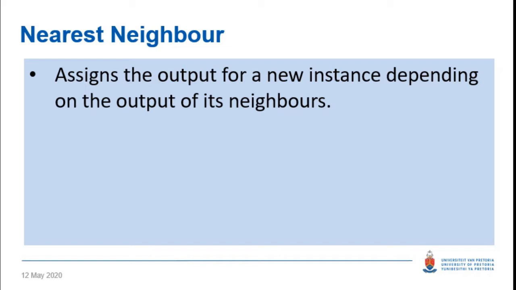For example, in regression, you'll have a data instance and its neighbors will have certain values for the dependent variable. For this particular instance of independent variable values, it will produce, for example, an average of the dependent values of the neighbors.